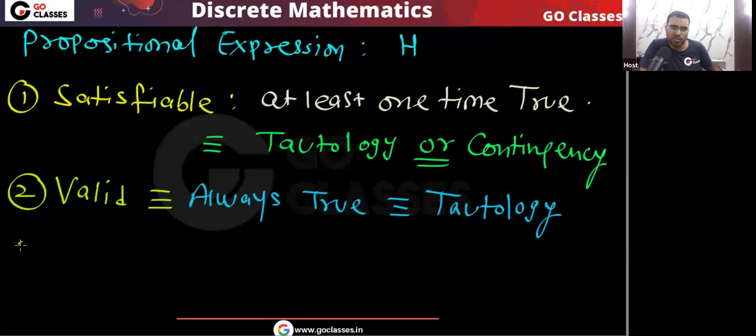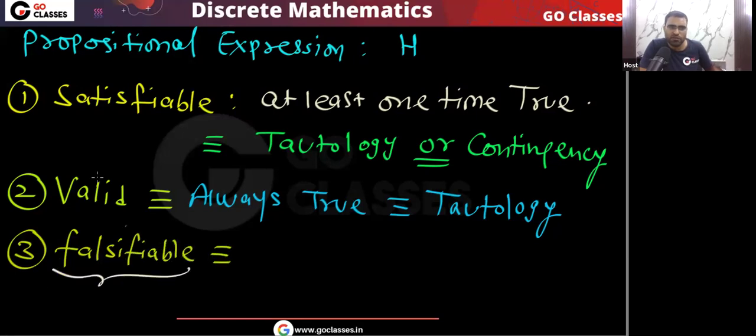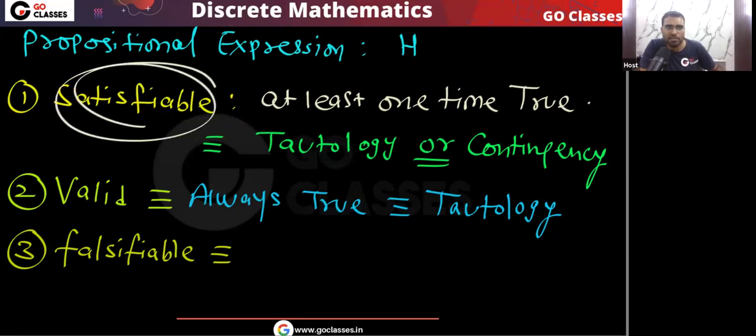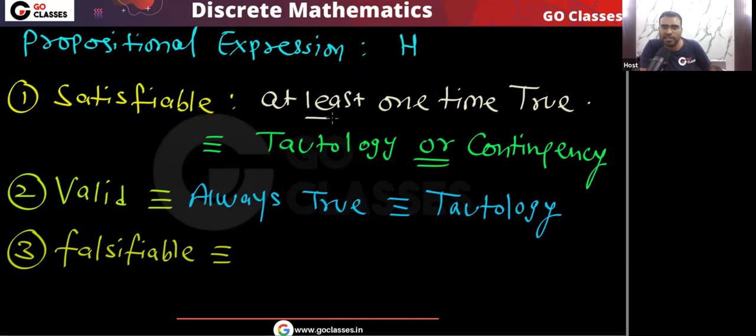Okay, and what is the third thing? That is falsifiable. The name itself is telling you what this means. See, satisfiable means there is some way to satisfy, means there is some way to make it true, means at least one time true.